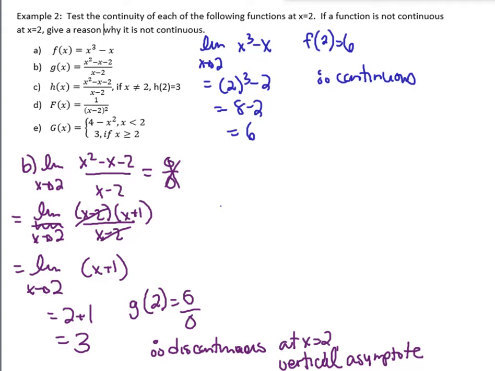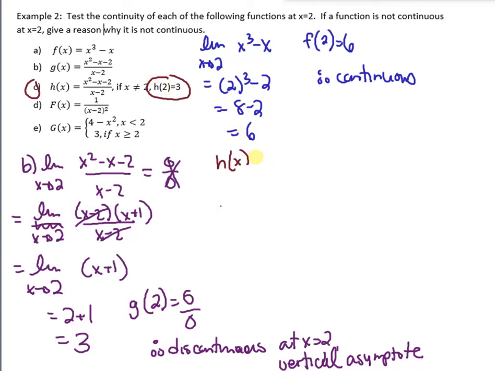All right, so let's do the next one. Let's do C. So they're saying this is a piecewise function. It's written a little bit differently. They're giving us the exact same formula as in B, but what they're saying is when x is 2, so they're subbing it in for us, it equals 3.